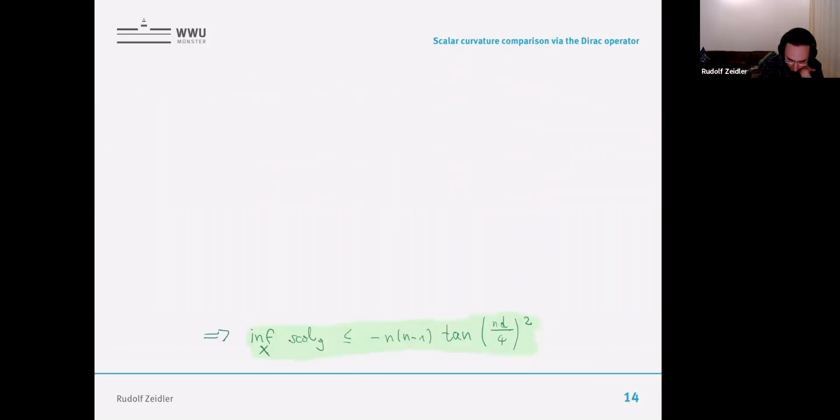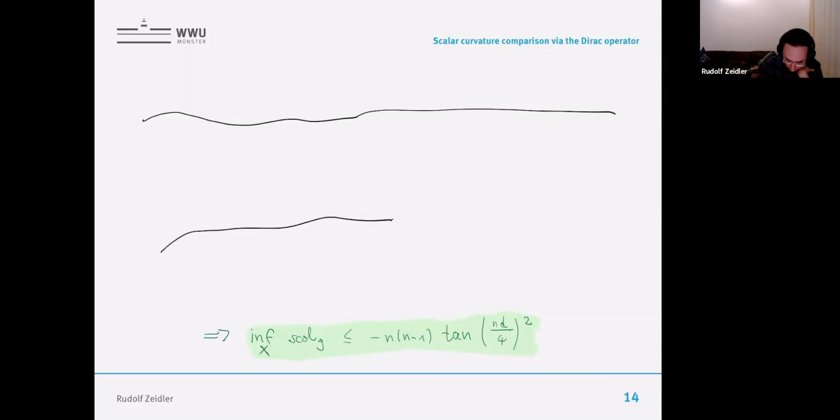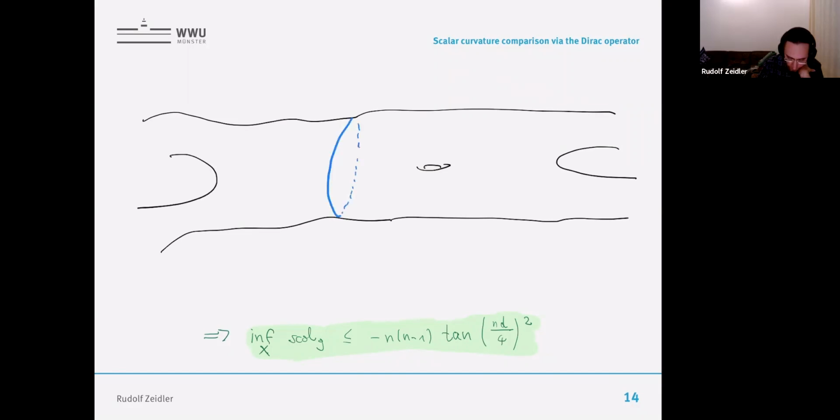So you have some manifold, and maybe this has some topology here, who knows? And here you have some submanifold M in X, so the whole thing is X. And here, in a neighborhood of width d, you have scalar curvature bounded below by n times n minus 1.